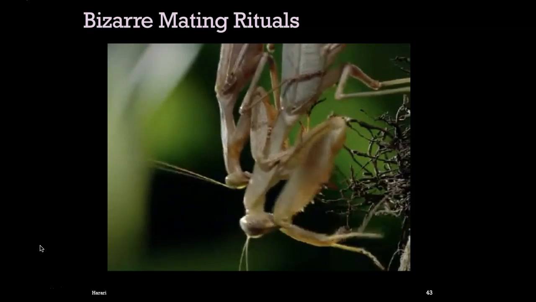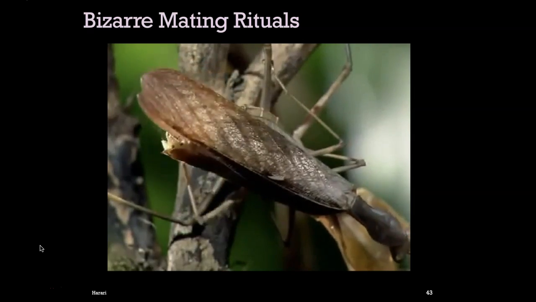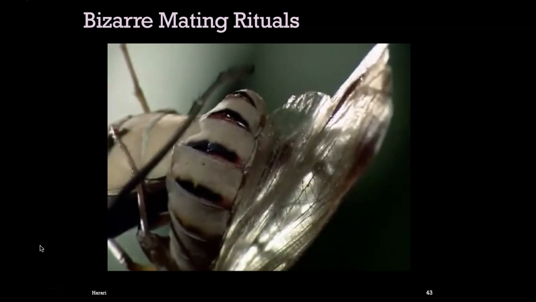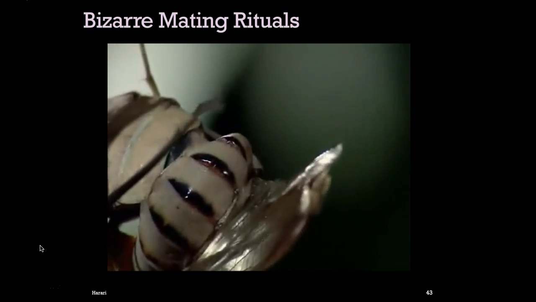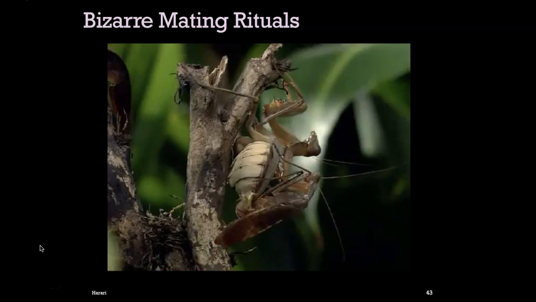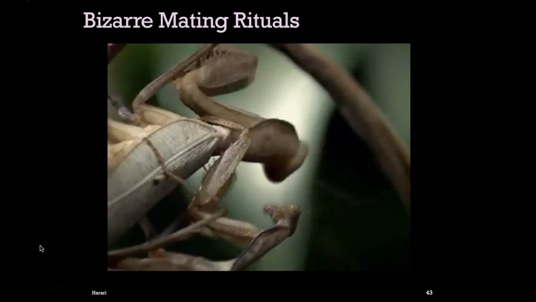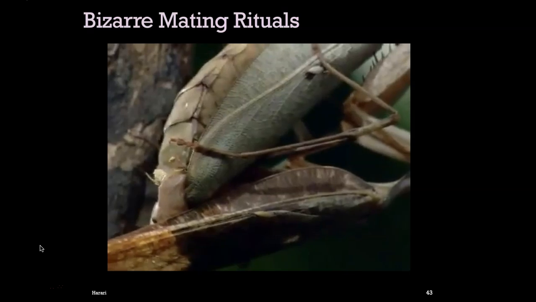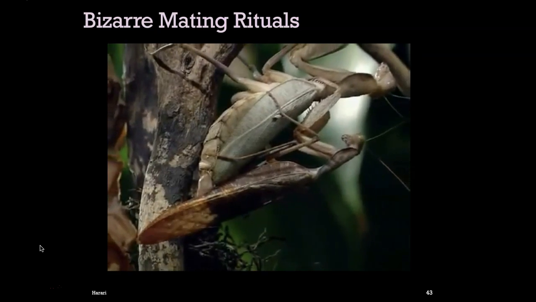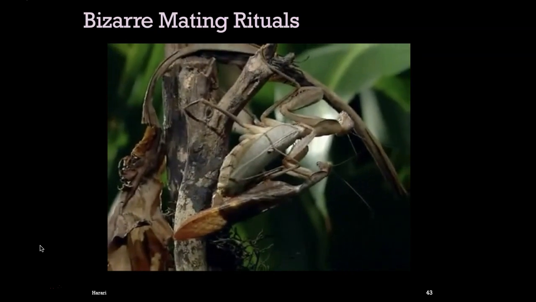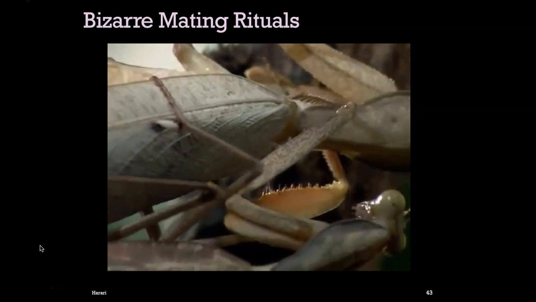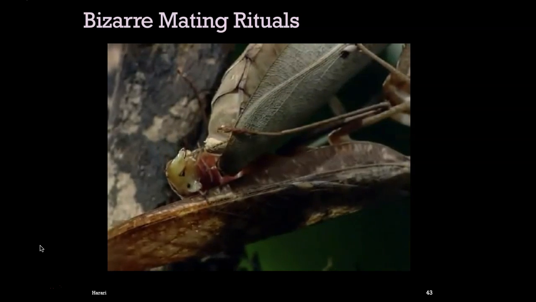Another male has managed to clamber onto the female's back, and they mate after a relatively short time. The mating can take from a few minutes to several hours, depending on the species. In the case of this African species, known as Phodromantis, copulation tends to be a protracted affair. Once the mating is over, the male is in deadly danger.